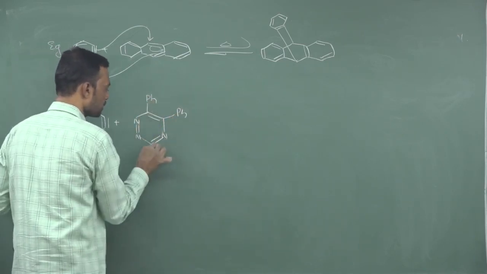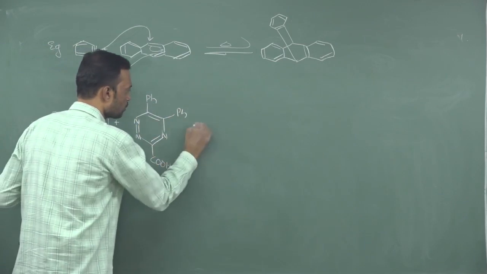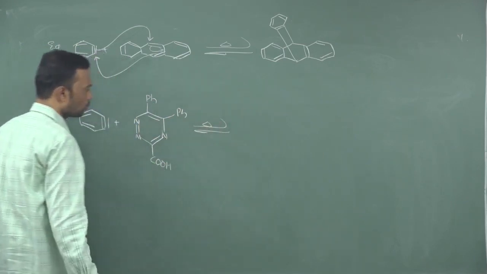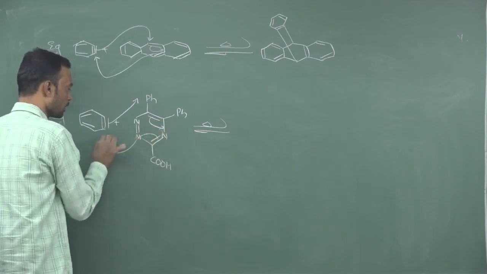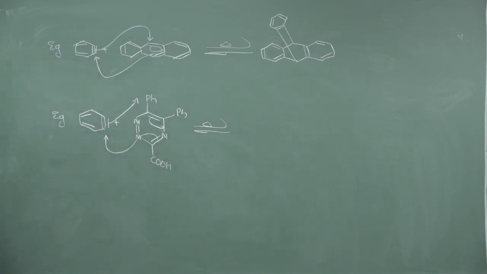Here this is Ph and this is COOH. So now the Diels-Alder reaction is possible. So you migrate here, attack here, and this will migrate and this will attack here. Give the Diels-Alder product in this one.